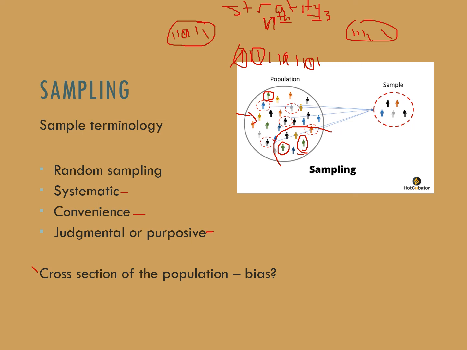It's important that your sample is a cross-section of the population. And what this means is that you're not studying all women, or you're not studying all green people, or you're not studying all adults over a certain age. You want to have enough variety in your study sample that you're able to relate it to the general population.